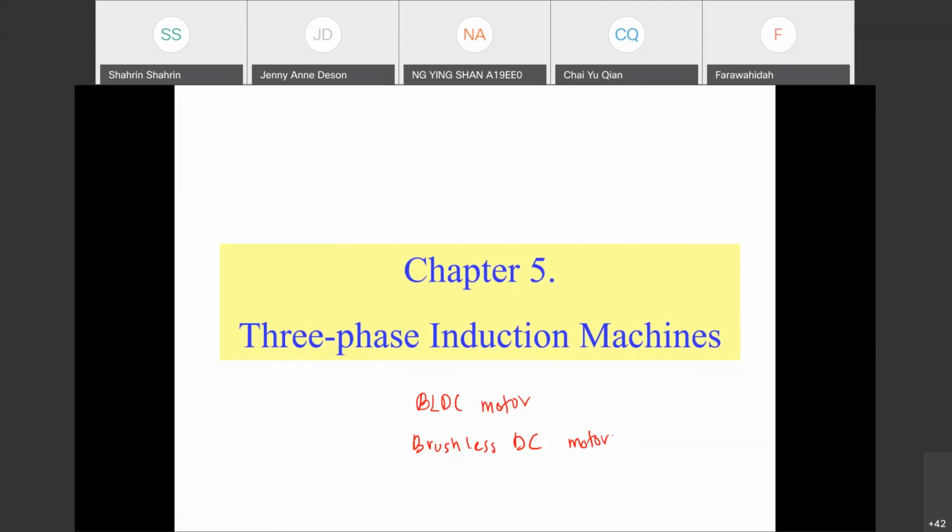Okay, DC motor. And then, others' opinion? So actually, this motor is actually an AC type.